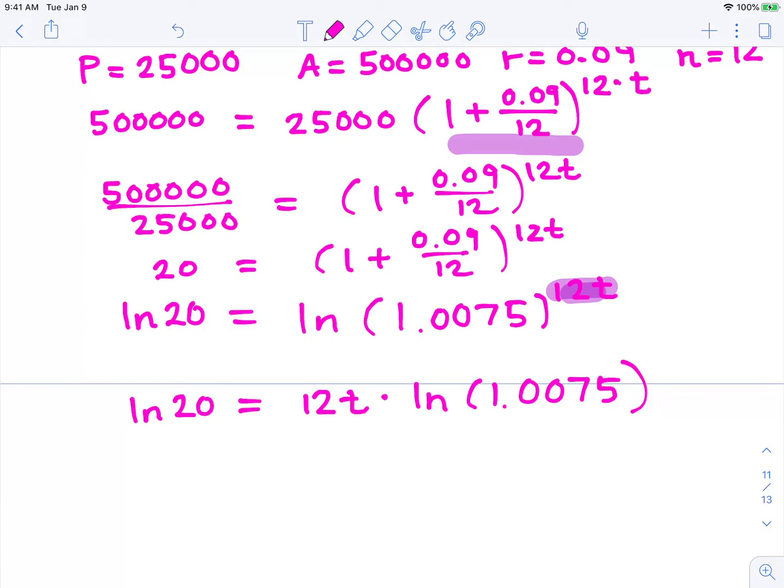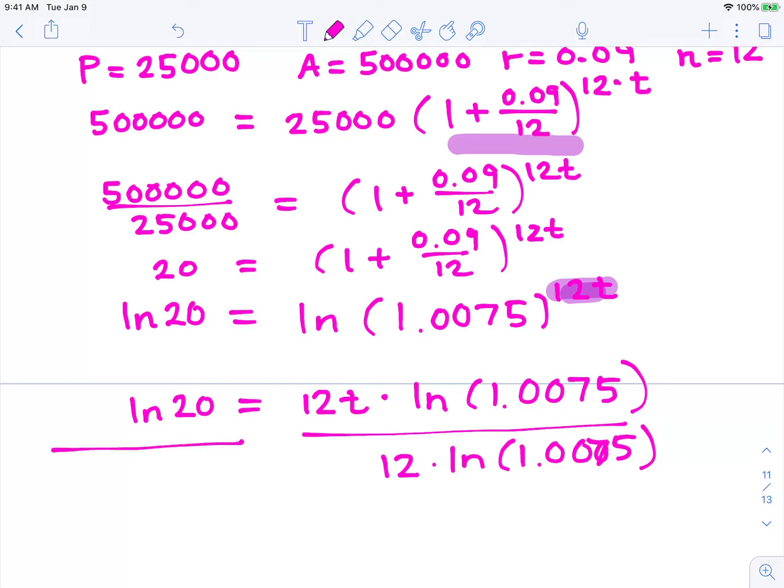Now I divide both sides by 12 times the natural log of 1.0075. Do the same thing on the left.